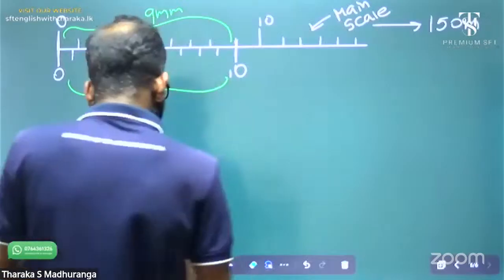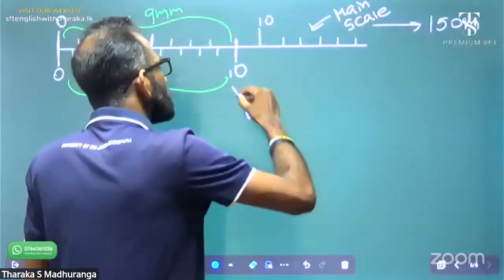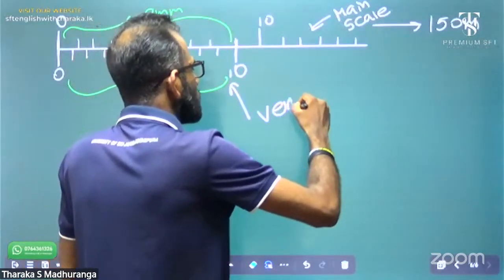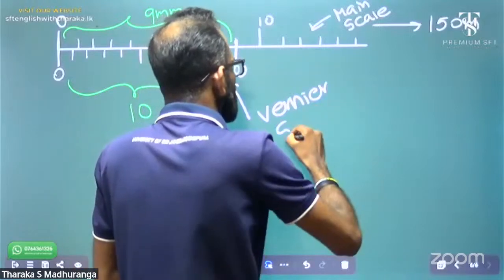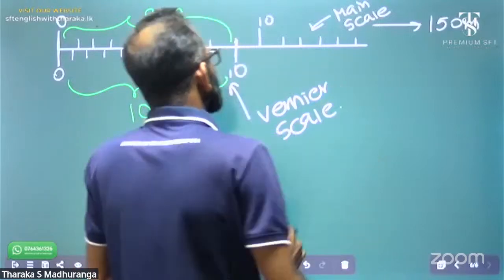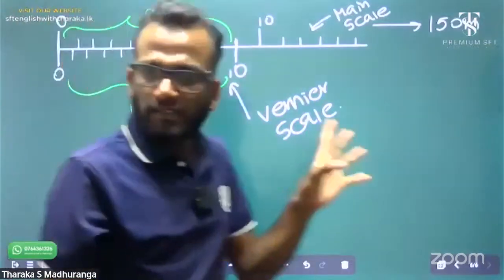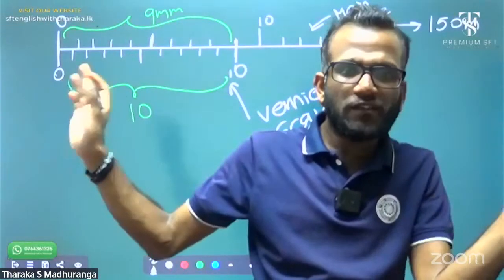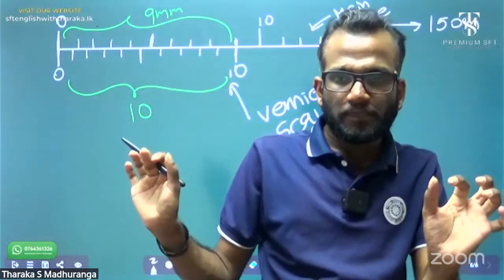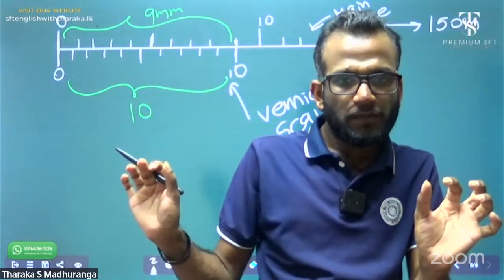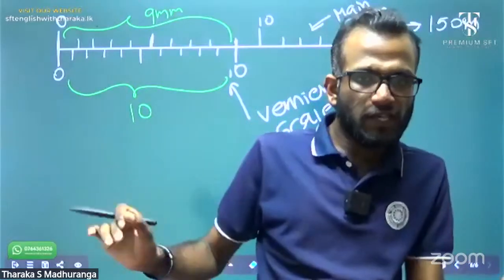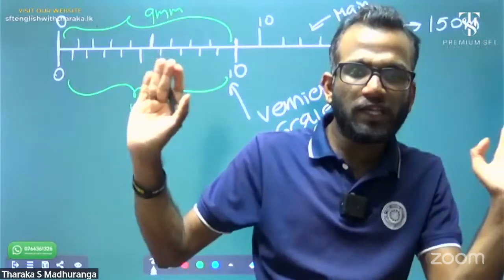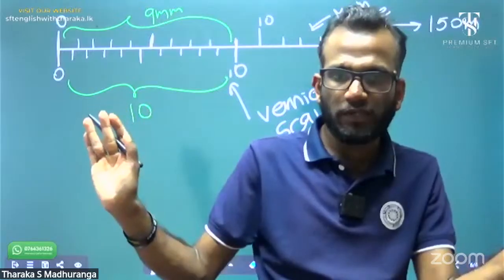What is the name of the second scale? That is the vernier scale. Now, if you only consider the main scale, without the vernier scale, what is the least count?